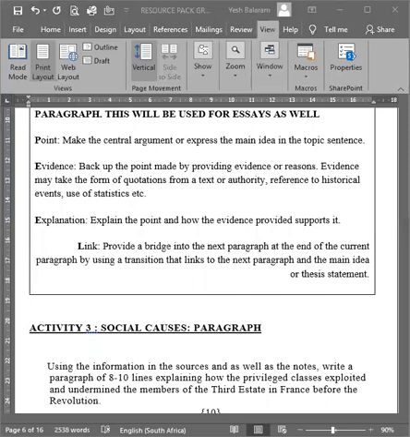You could also go directly into the question by saying that the three groups of the third estate, the middle, working class, and peasants, were undermined and exploited by members of the first and second estates. That would be an absolutely accurate start to your paragraph because you're referring directly to the question.